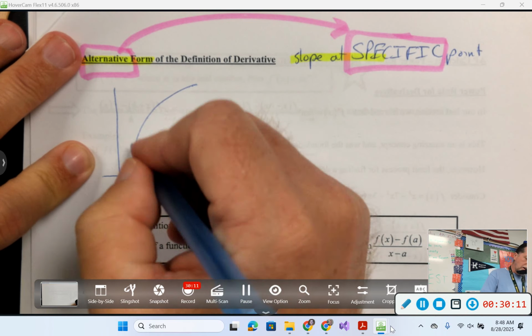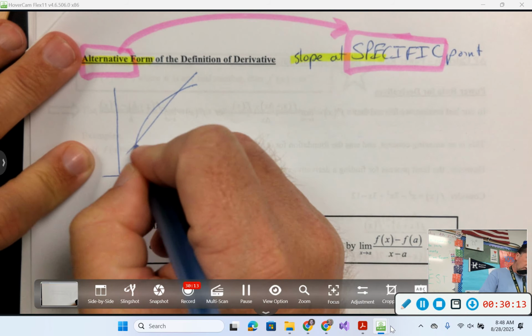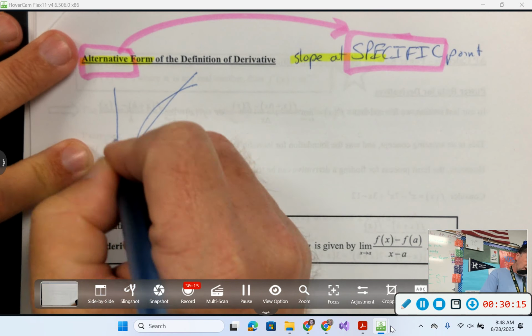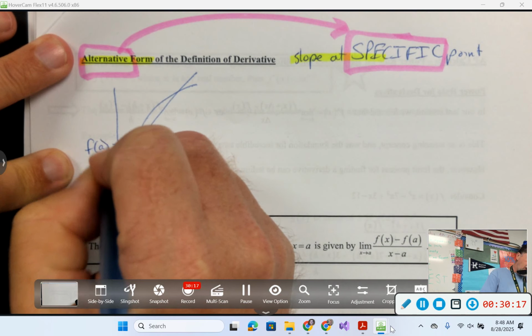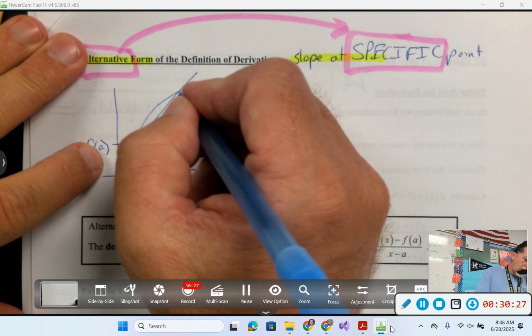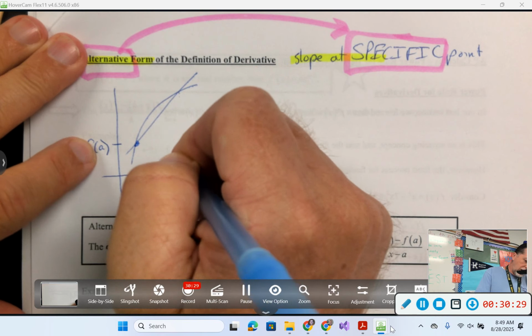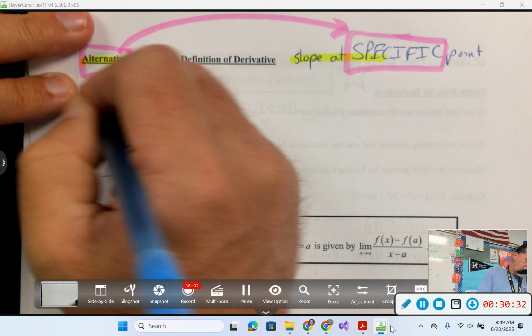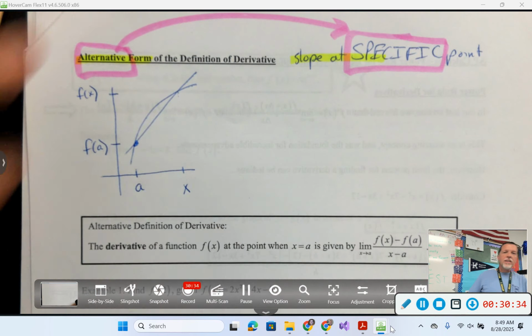Let's do our secant line, and we want to find f prime at a. We want to find the slope of the tangent line. Let's say this point is x. There's f of x.